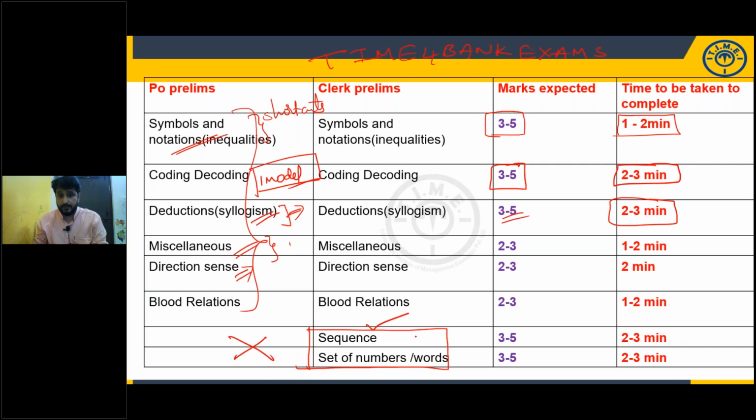Sequence, set of numbers and words: we have videos on this also on our YouTube channel. Please watch those videos. Very easy questions. Always you will be given very easy sets in RRB PO prelims and in RRB clerical prelims.